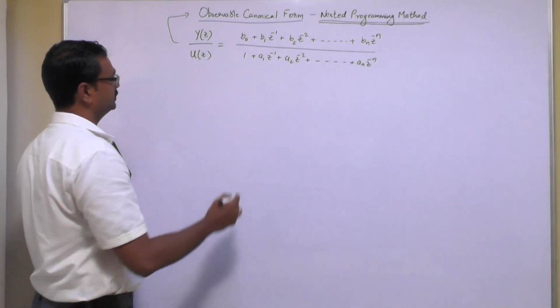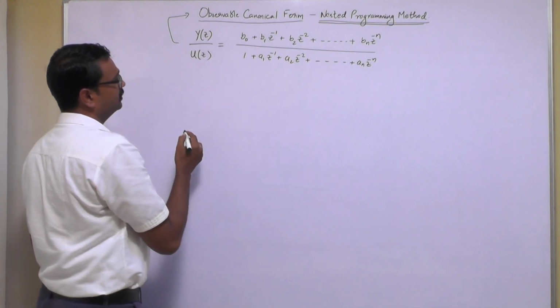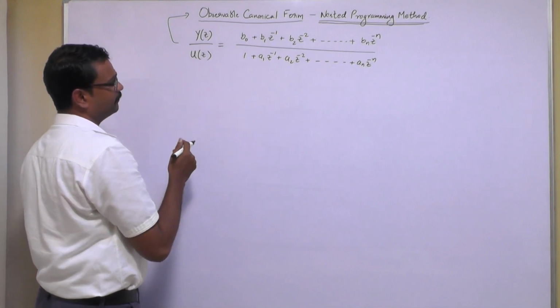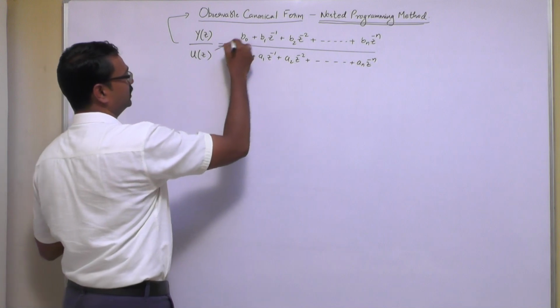For this, let us say we are cross multiplying everything on both sides.